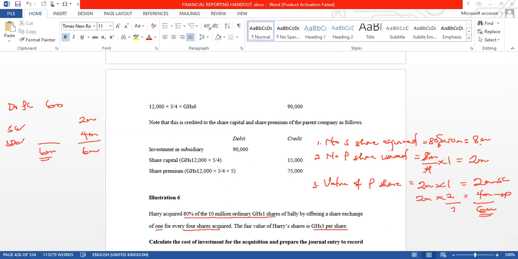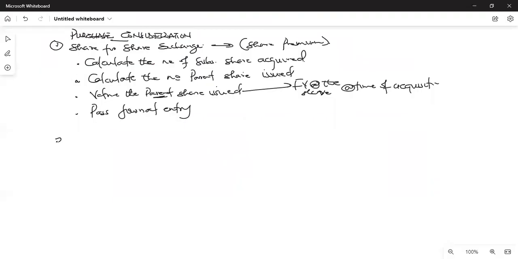So let's move on to the next one, which is deferred consideration. Okay, so how do we deal with deferred cash consideration?